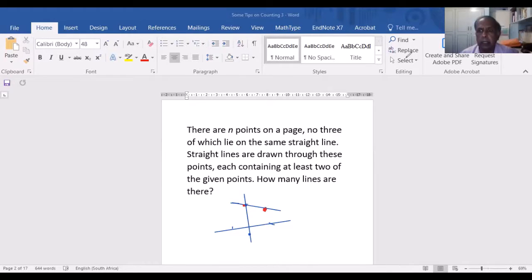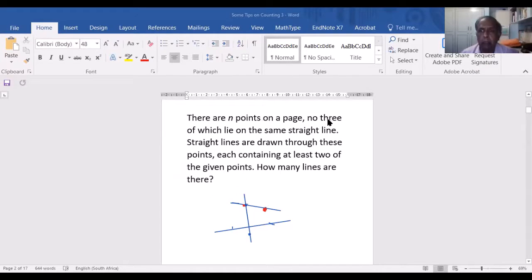Okay. And the answer to this is quite straightforward, because we already know the answer to this. The answer is n into n minus 1 over 2, because this is what we proved earlier on.